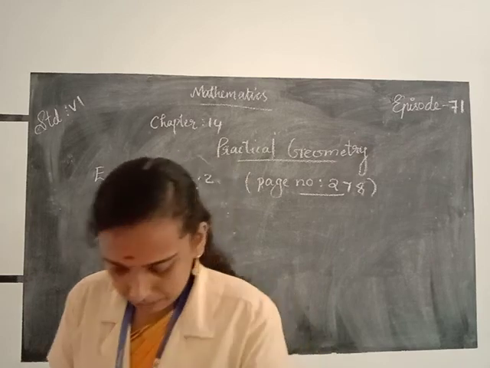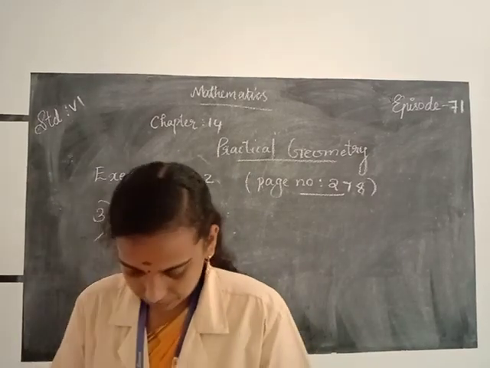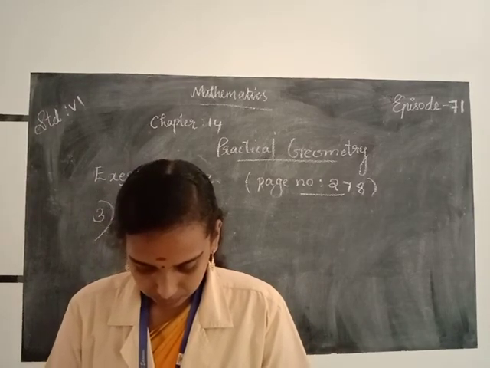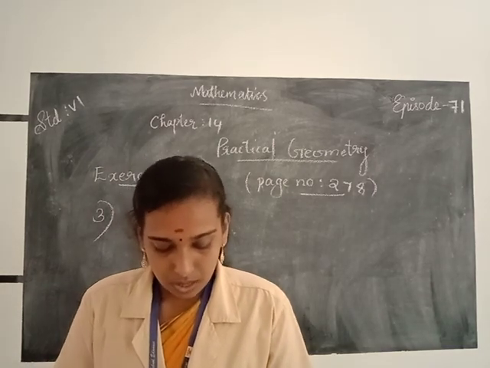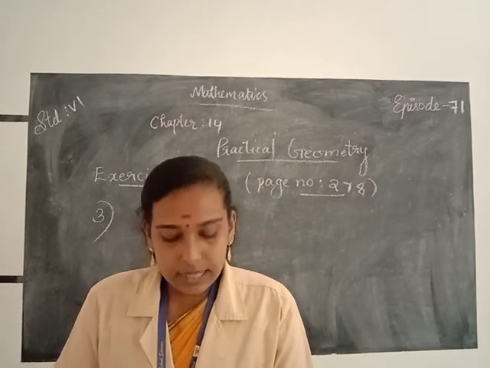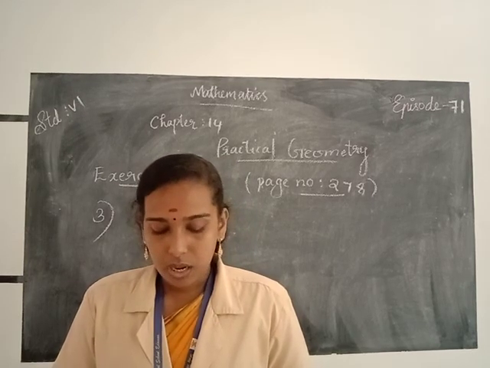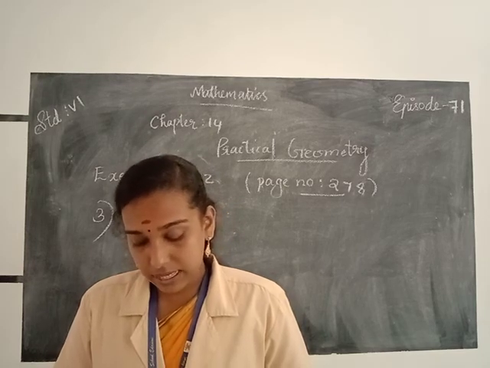Question number 3. Construct line segment AB of length 7.8 cm. From this cut off line segment AC of length 4.7 cm.